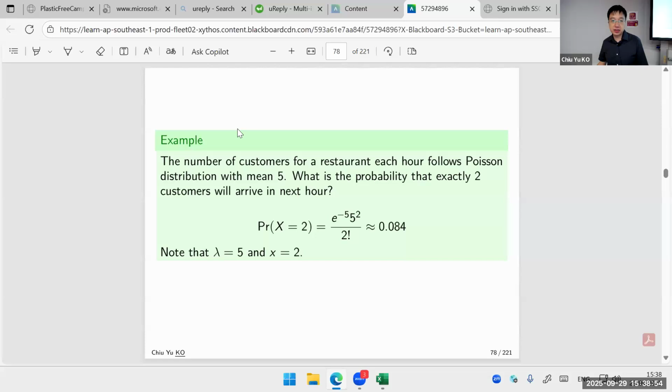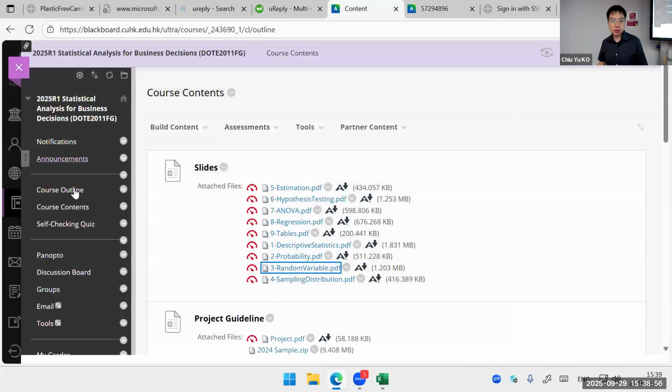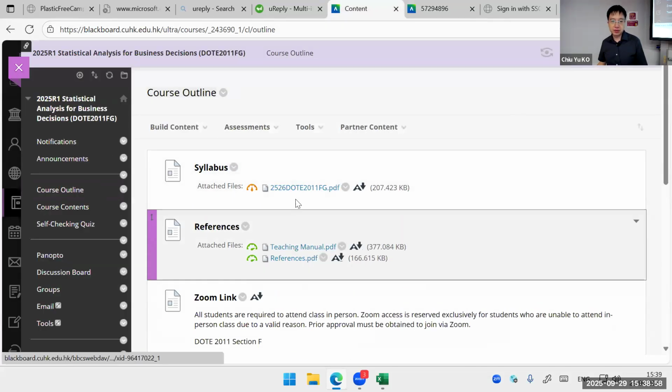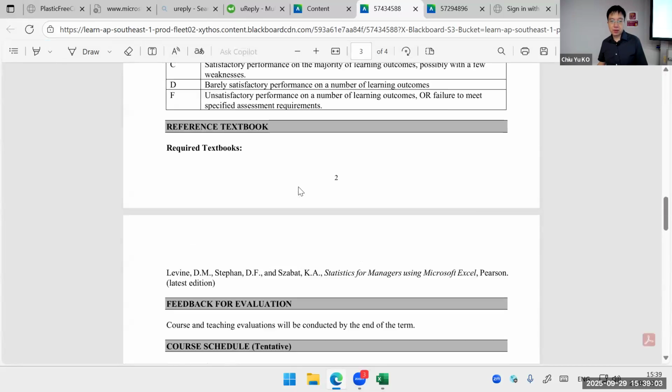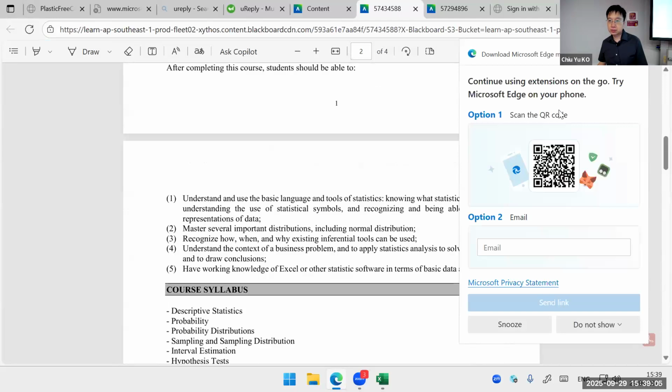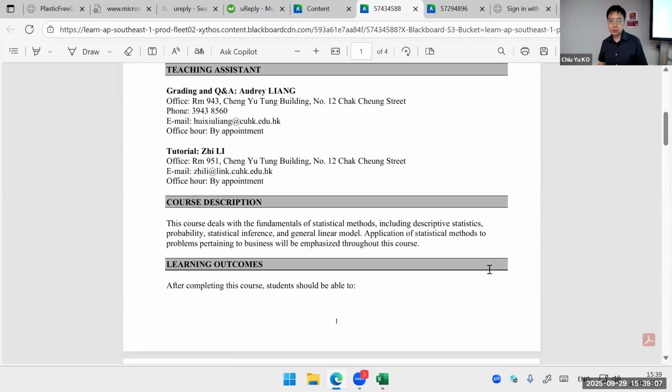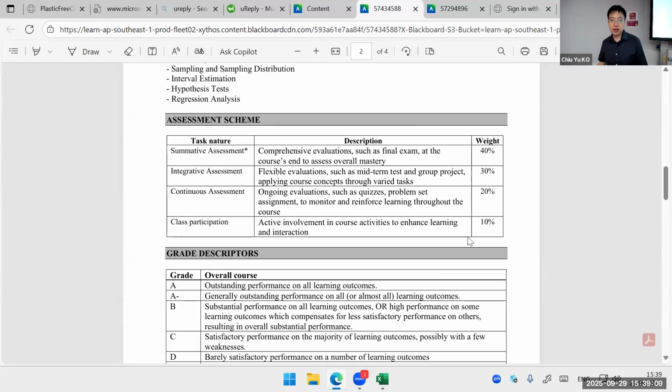Just to make sure, in case you haven't, look at the course outline again, because we want to make sure that everyone is in the same place. Our assessment only has the final exam, your projects, your quizzes and problem sets, which are already there, and the participation is a U reply.